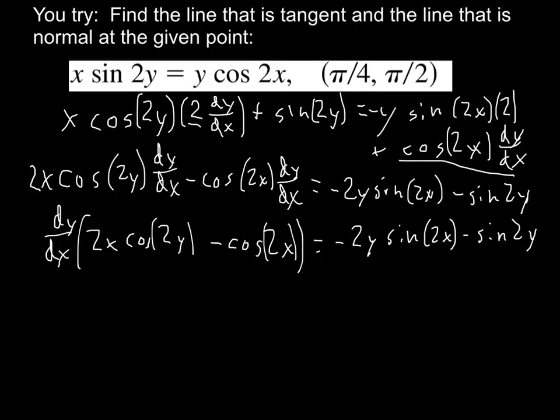Okay, so divide this over and you get your slope equation to be this really complicated and kind of hard, but at least we have a slope equation so we can find a tangent line and a normal line.